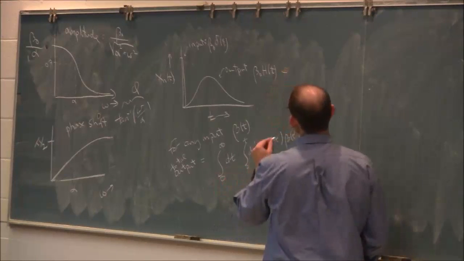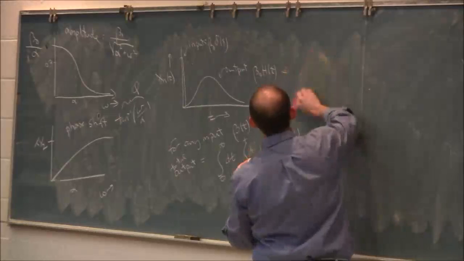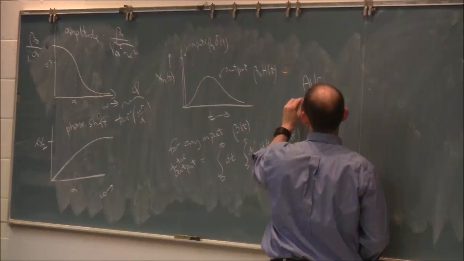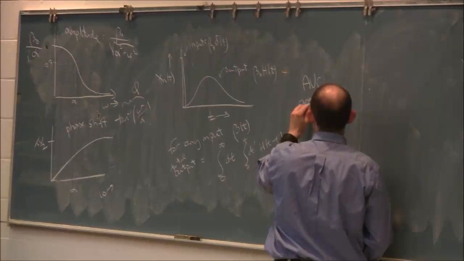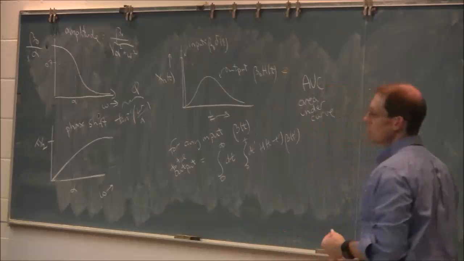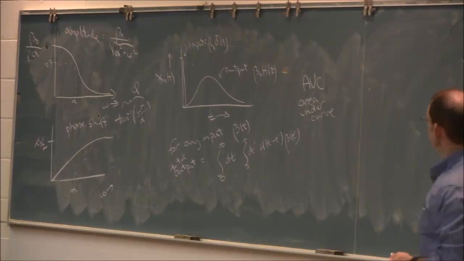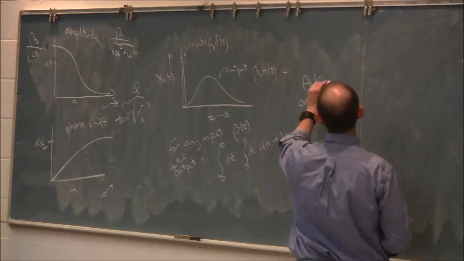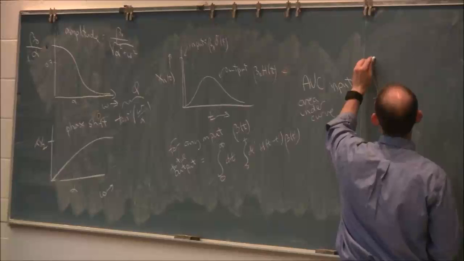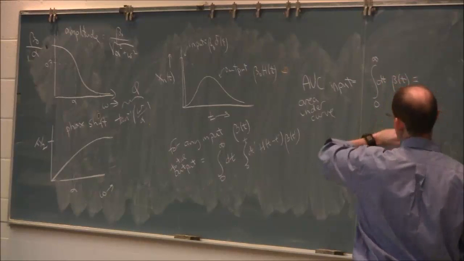All right. So what we're calculating is often called the area under the curve. The area under the curve for the input is equal to the integral from 0 to infinity dt beta of t.